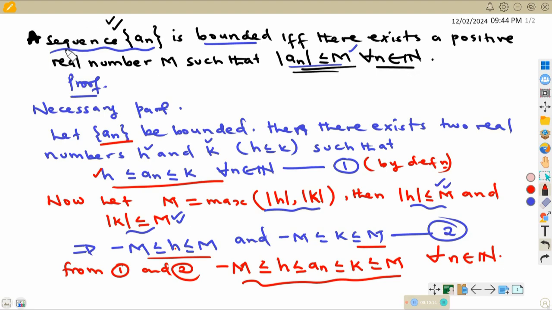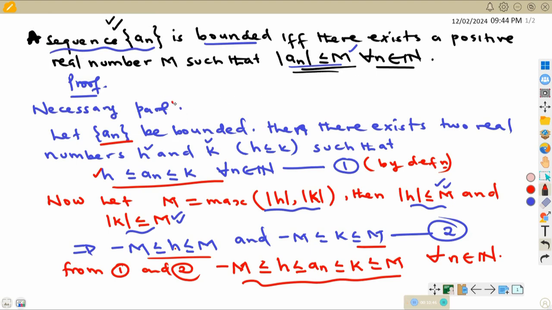So we started by assuming that our sequence is bounded, and we have got this one here. So our sequence is bounded, and by definition of boundedness, we have clearly said there exist real numbers h and k, which will make this one true. So by assuming this, we have obtained this.